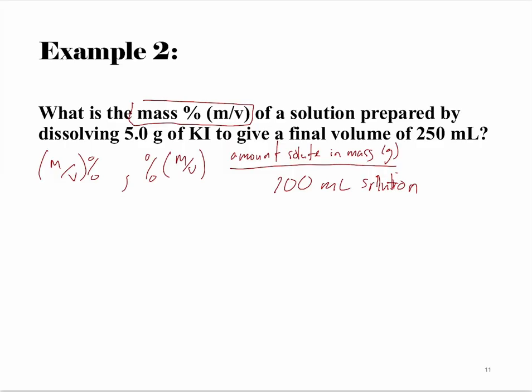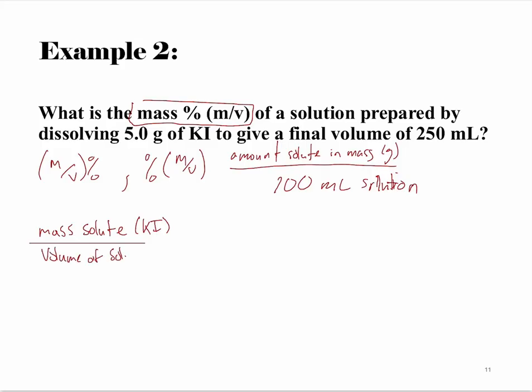How we go about working through a problem like this, where you're given the amount in grams and you're given the final volume of the solution, is we take the mass of solute. So what's our solute in this problem? Potassium iodide, KI in this case, divided by our volume of solution.